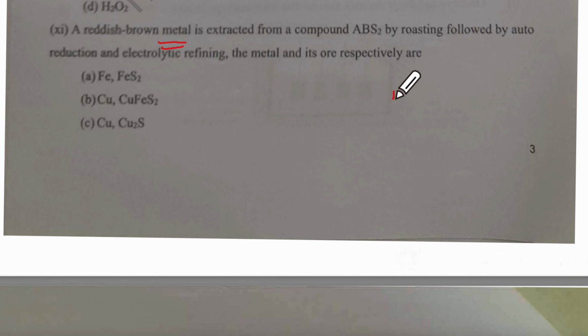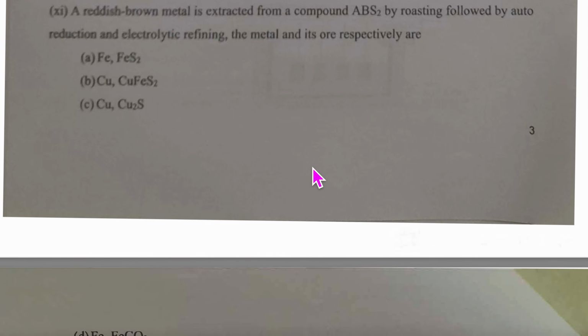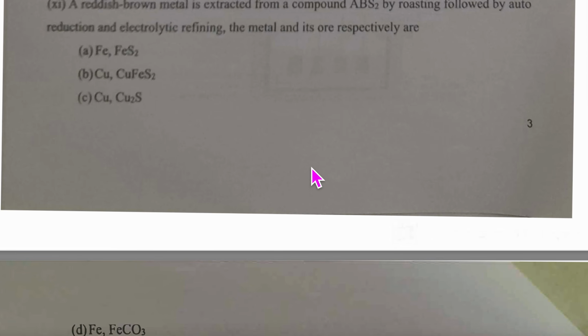Ma'am, there is one more option. Like, if you scroll. AB S2. Okay. A, B, and S2. So it's a sulfide. By roasting, it will have to have copper, no? Let us see the other option. The last option is not seen, right? Yes, ma'am. Okay. So it can't be iron.